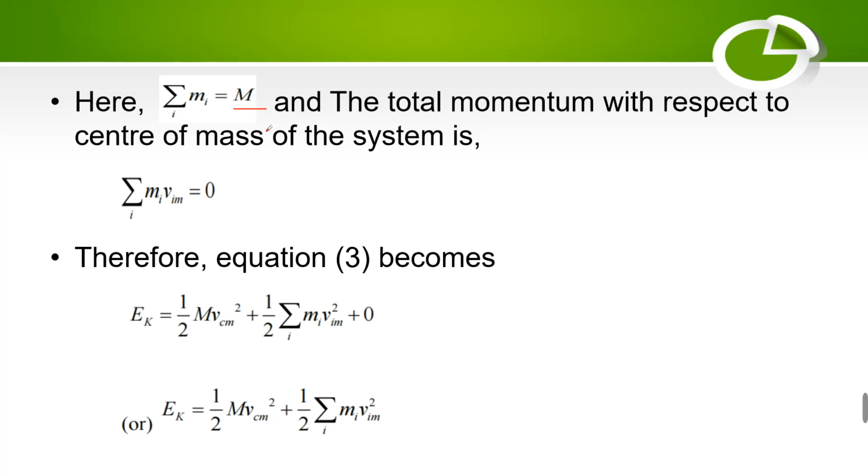And next, we all know that the momentum of the particles should be in equilibrium with respect to the center of mass, so summation mi Vim is equal to 0.